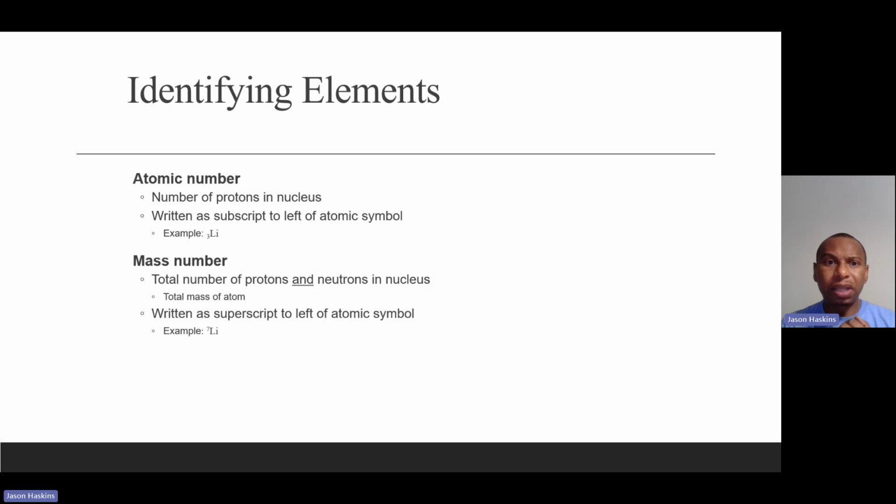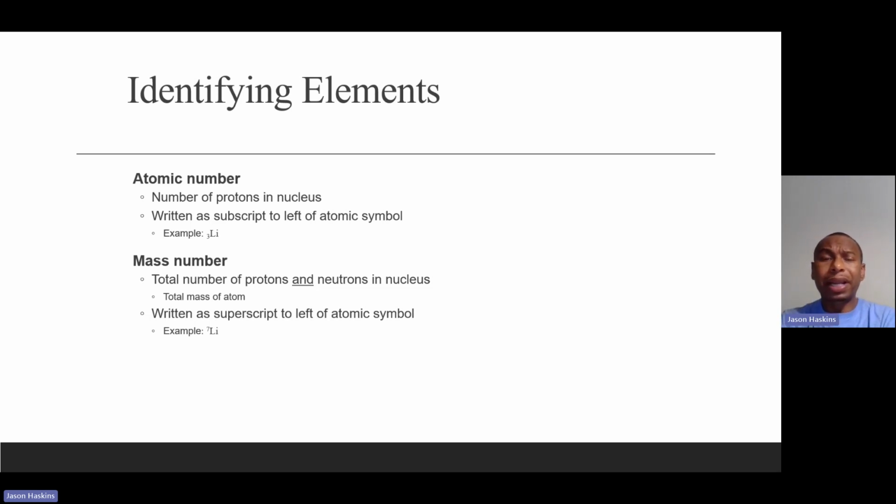We talked about the protons having that positive charge, that neutron having a neutral charge or no charge, and then there are electrons that are orbiting around it having a negative charge. So I just stated here, the atomic number at the top is the number of protons in the nucleus. The mass number at the bottom is the number of protons plus the number of neutrons inside of that nucleus.